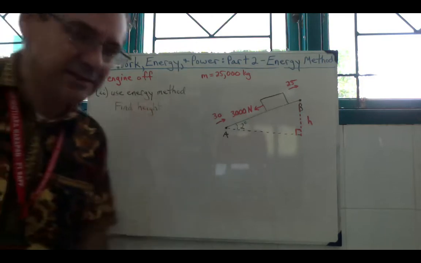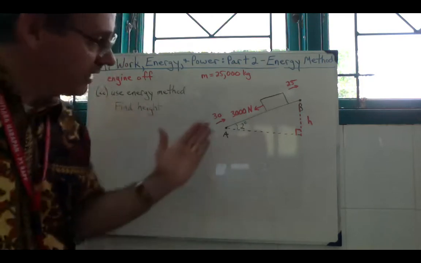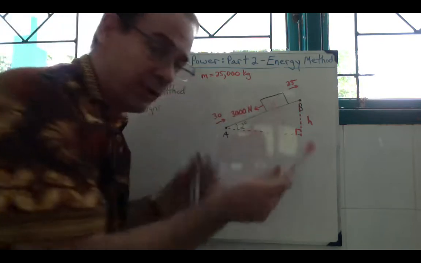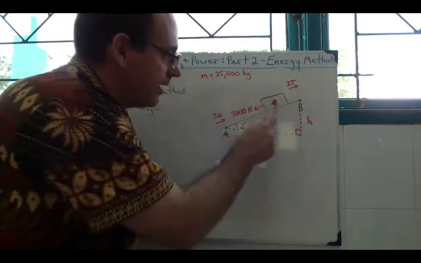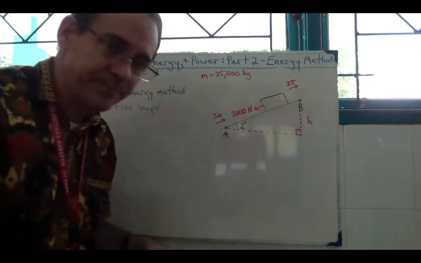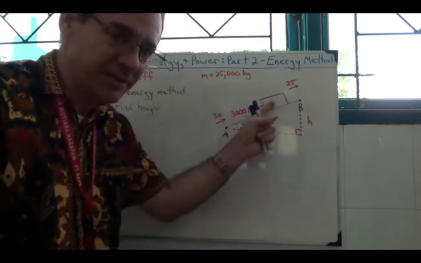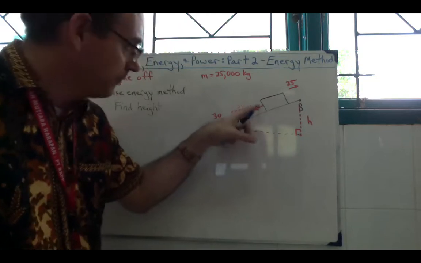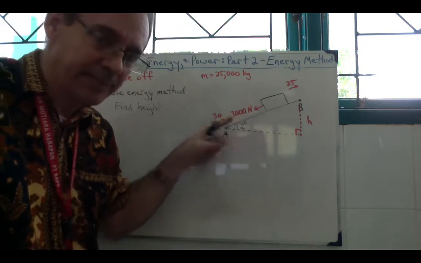One of the things I would like to mention here is when you have an object on a hill, normally what we have done in the past is we have resolved the mass horizontally or parallel to the inclined plane.